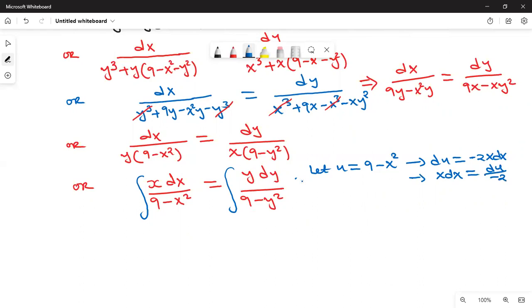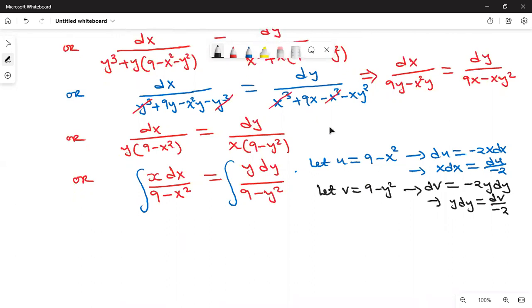In the other integral, the right hand side, you're going to let v be equal to 9 minus y squared. That means dv is equal to negative 2y dy, where we have y dy should be equal to dv over negative 2. So when you make these substitutions, what will we get finally?